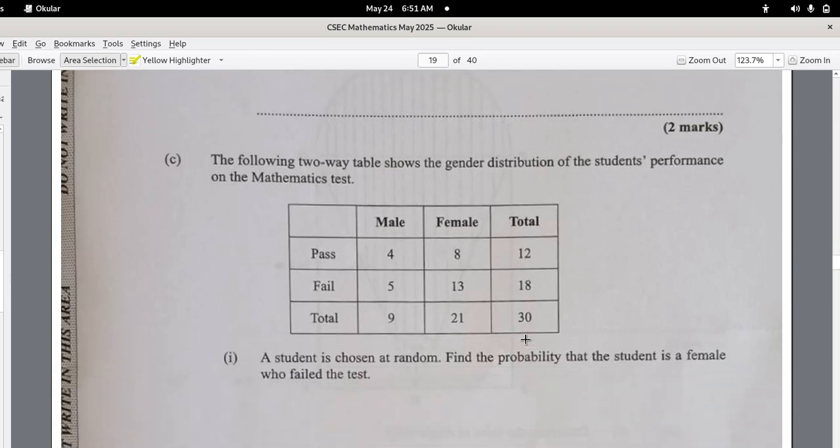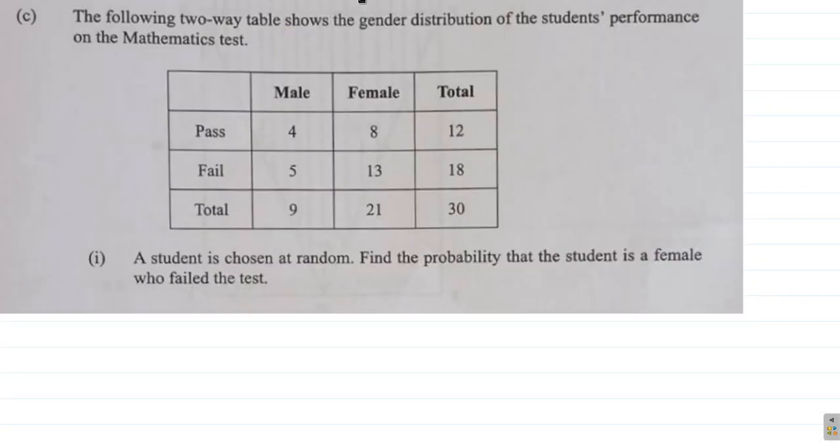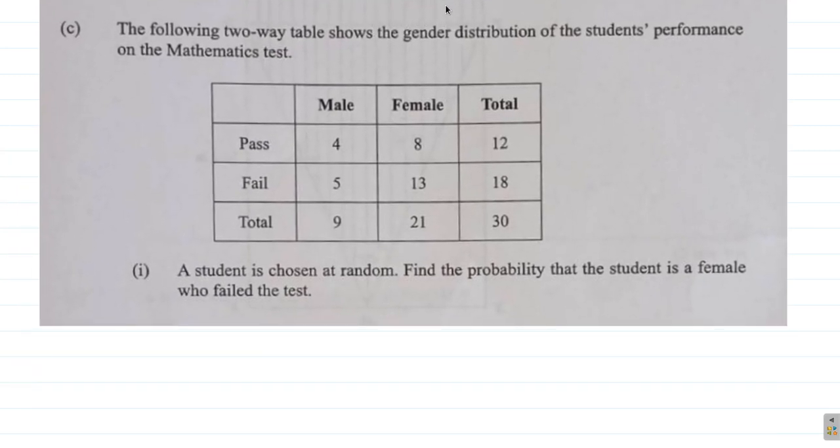Let's see what else. Oh yes, this part now. We're ready for this part now. Let me just drag this back up a bit. Now, the following two-way table shows the general distribution of the students' performance on the mathematics test, and you have the table here.